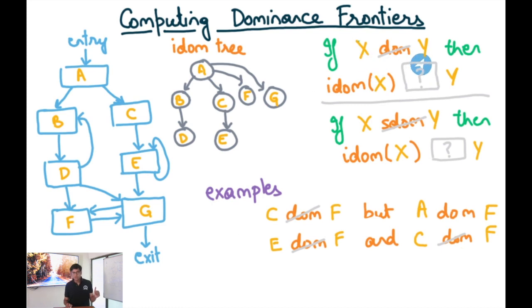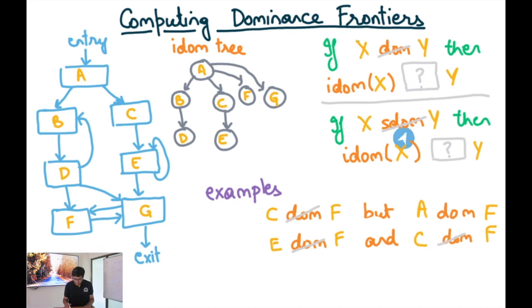If X does not dominate Y, then we can't be sure whether IDOM X dominates Y or does not dominate Y. For example, C does not dominate F, but C's parent, which is IDOM of C, which is A, dominates F. But if I take another example, E does not dominate F either, but E's parent also does not dominate F. So it's not necessarily true that if X does not dominate Y, then IDOM X definitely does not dominate Y, or definitely dominates Y. It depends on the tree, and it may or may not dominate. And that's why I show this as a question mark.